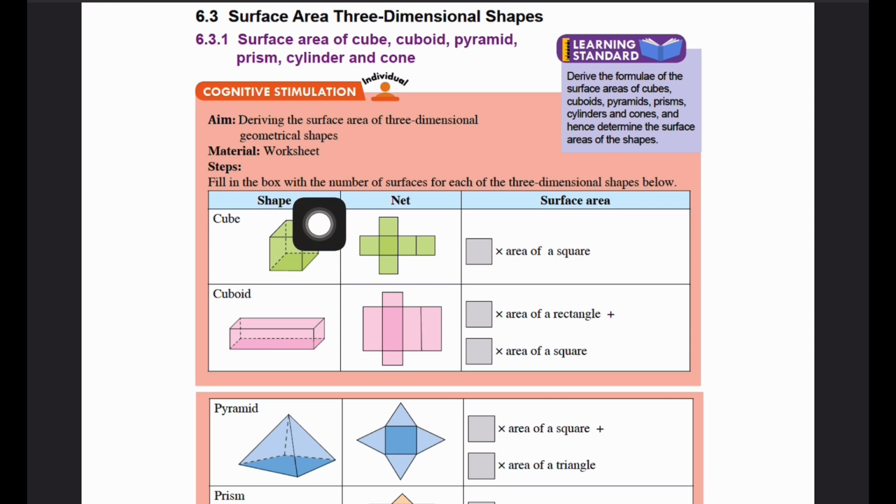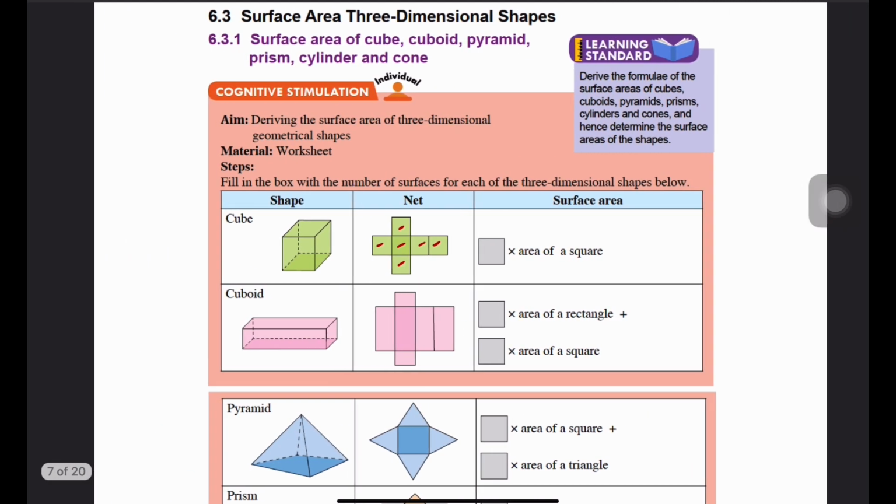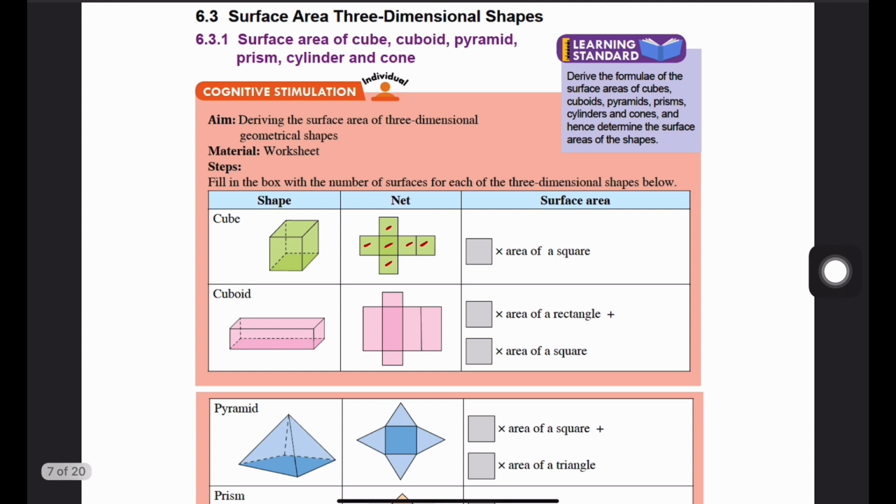First, we have the shape of a cube. We know that the net of a cube is in the shape of this. Kita ada segi empat sama. Bila kita buka, kita ada 1, 2, 3, 4, 5, 6. 6 squares. So the surface area of the cube is actually the area of the square times 6, because there are 6 surfaces with the shape of a square.